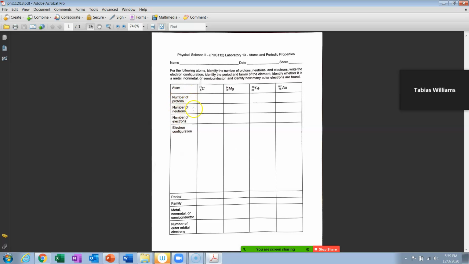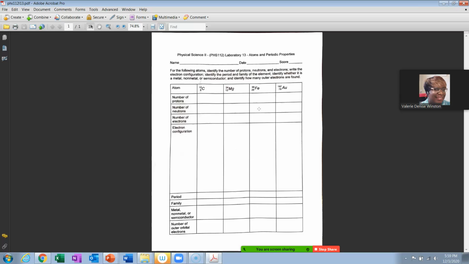Okay. Now, how many neutrons are in carbon? How do we determine that? The difference. And how many would that be? 6. Magnesium? 12. Iron? 26. Well, okay, let me see.